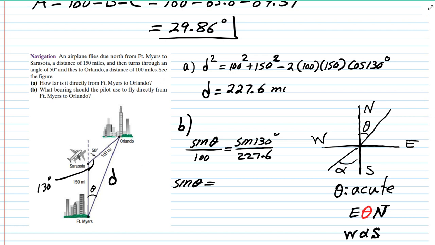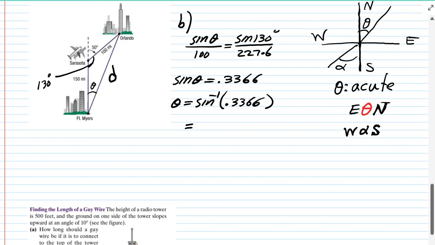I got sine theta to be 0.3366. And theta would be the arc sine of 0.3366. So the measure of angle theta turned out to be 19.67 degrees.